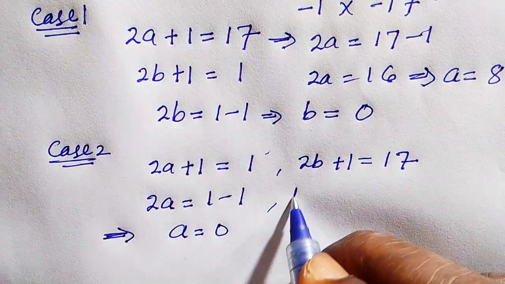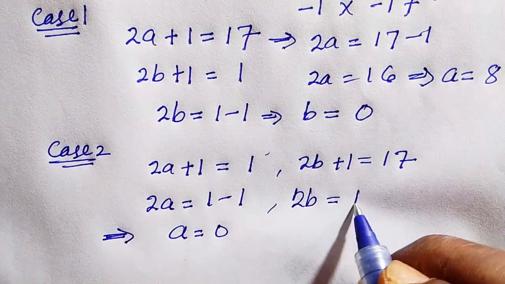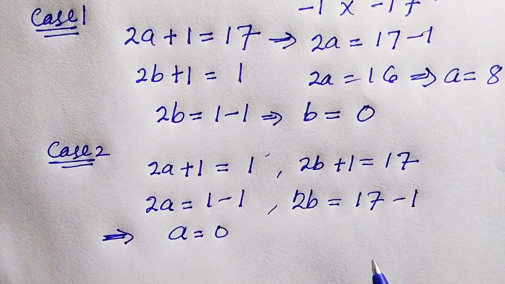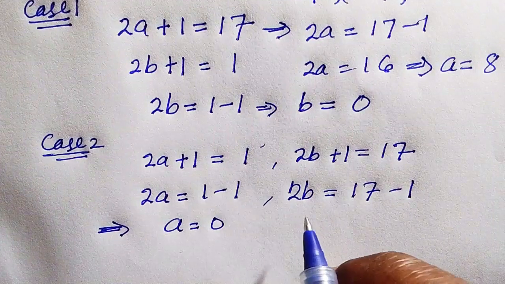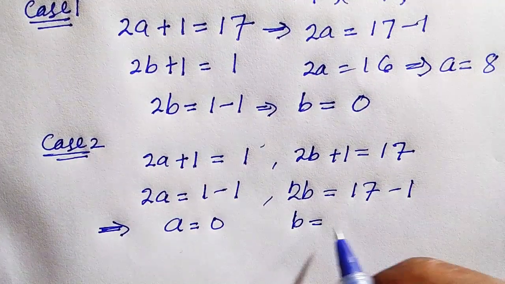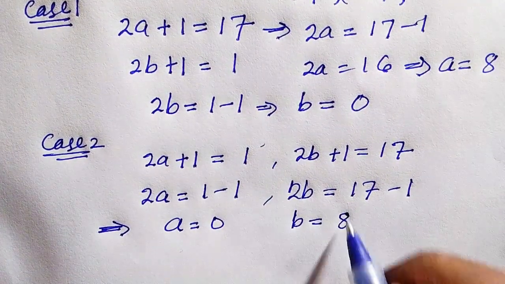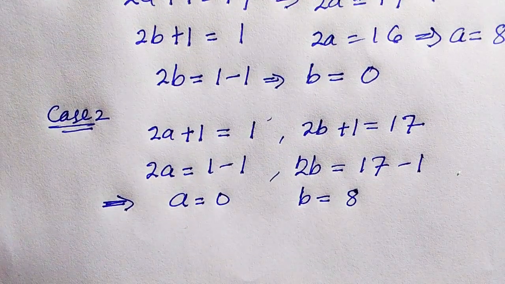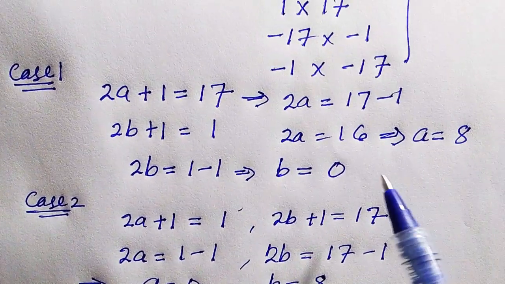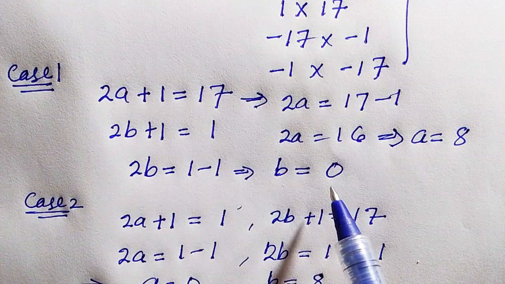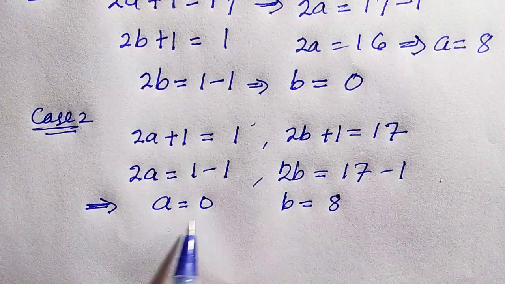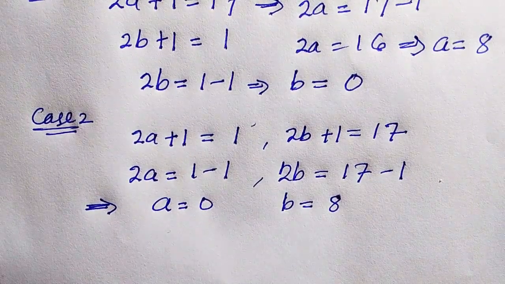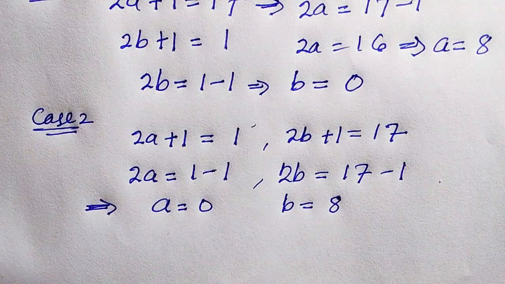And also 2b equals 17 minus 1, and when we divide both sides, we are going to have b equals 8. So we have to consider something here, that when a equals 8, b is 0. And when a equals 0, b equals 8. And both of them are valid.